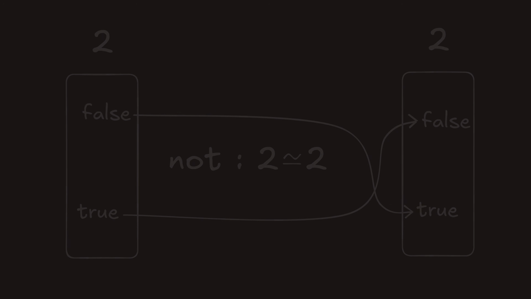We can now construct our fibration. We'll pick a type family F from the circle type to some type universe, and we'll construct it the same way we construct any other function out of the circle type.